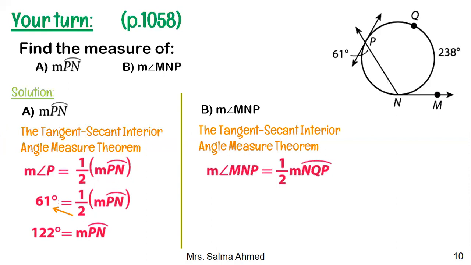The measure of angle MNP is equal to half of the intercepted arc between these two lines, which is arc NQP, this arc, which is 238 degrees. I'm going to substitute half times 238 by using the calculator. So the measure of angle MNP equals 119 degrees.